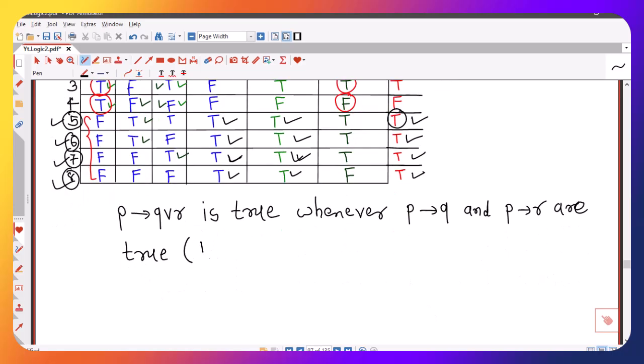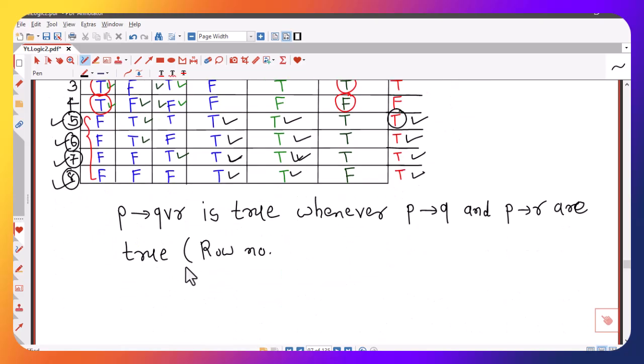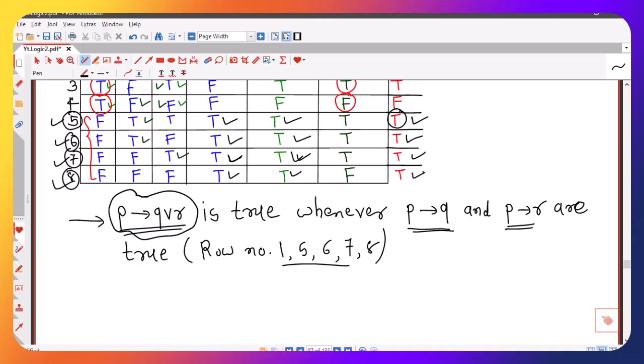And that we have obtained from rows number 1, 5, 6, 7 and 8. In all these rows we have observed that when these two are true simultaneously, the corresponding value of P implies Q or R is also true, that means the conclusion is true whenever these two premises are true.